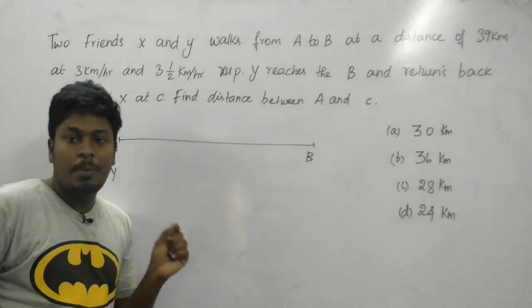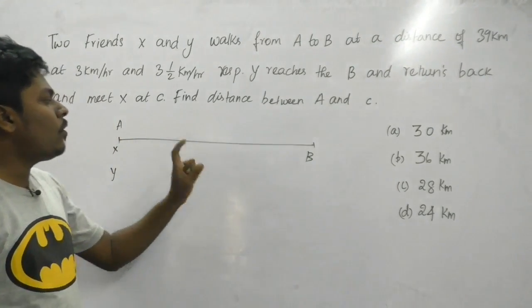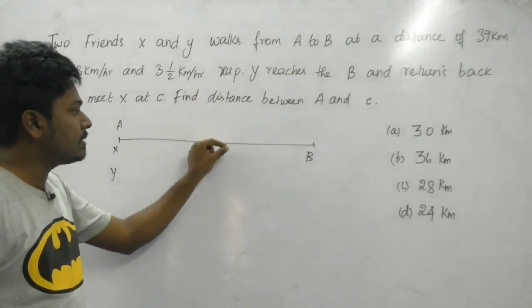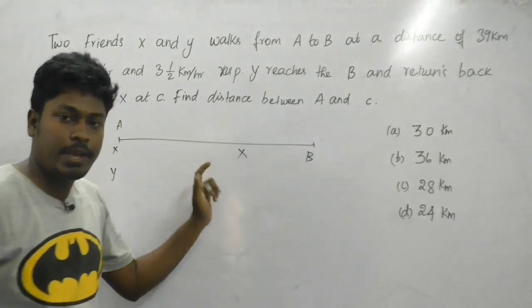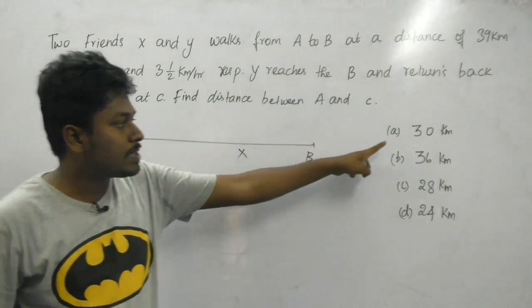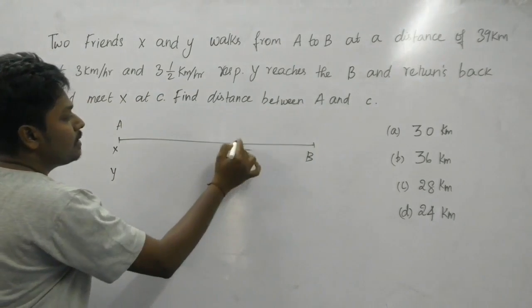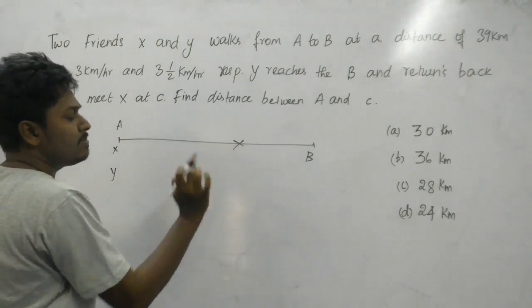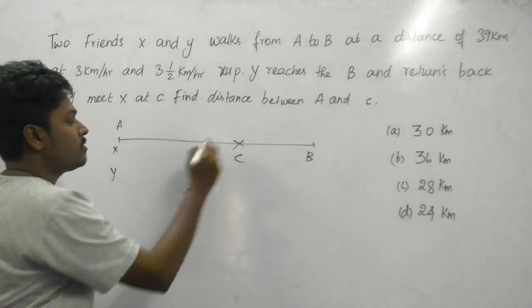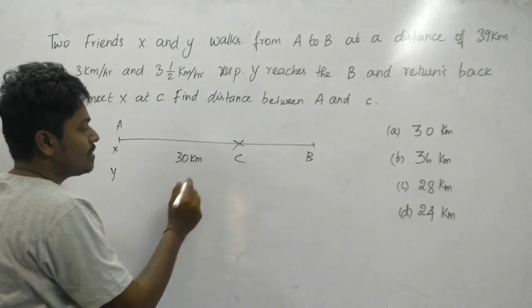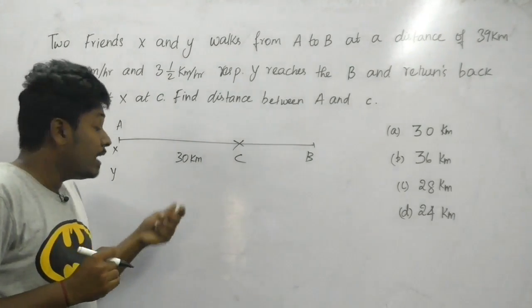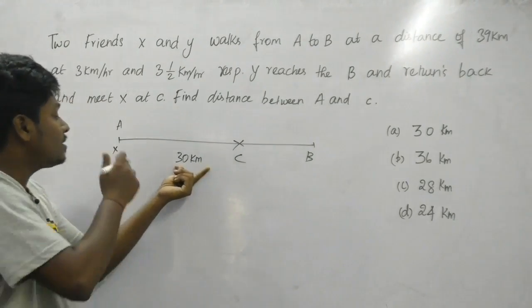Friends, we can go for the option method, right? We know that both the persons x and y are meeting somewhere. So we can go for the first option. Assume they are meeting here, and the distance from A, the first option, is 30 kilometers. Just assuming it from the option. If this is 30 kilometers, what is the speed of x?